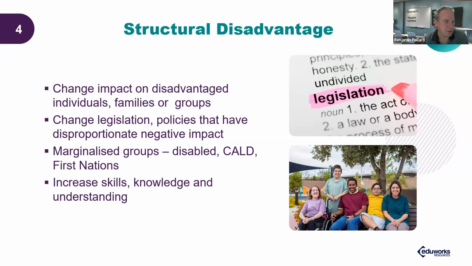That can come through a change in legislation or an increase in ability inside the actual group that you are advocating or working for. Some of the common marginalized groups in Australia are disabled, CALD, and First Nations people. Particularly First Nations and disabled people are very much in the focus of a lot of social change at the moment, you might say.